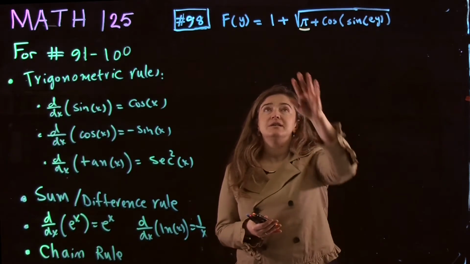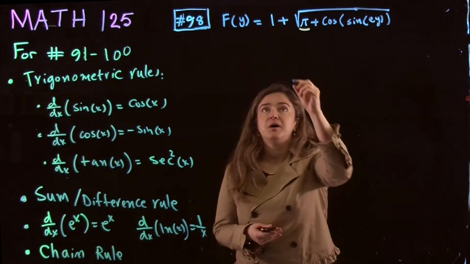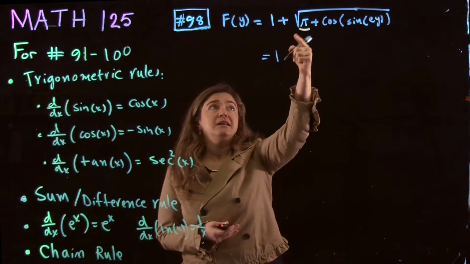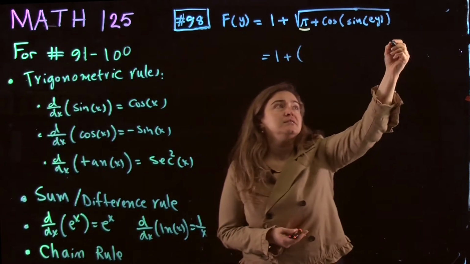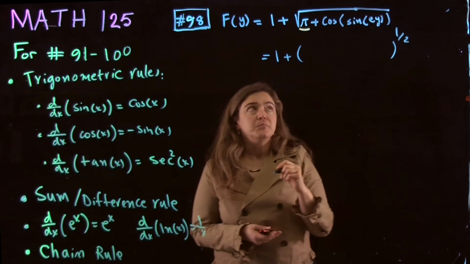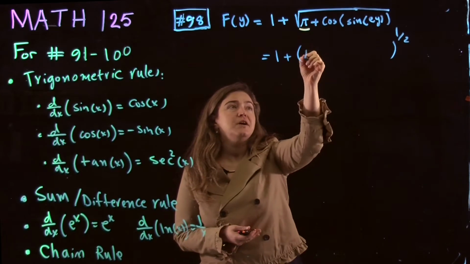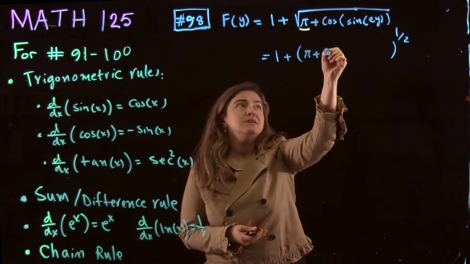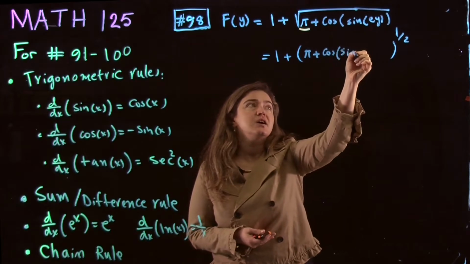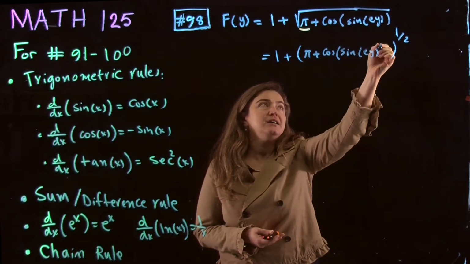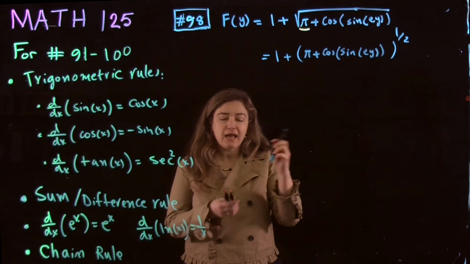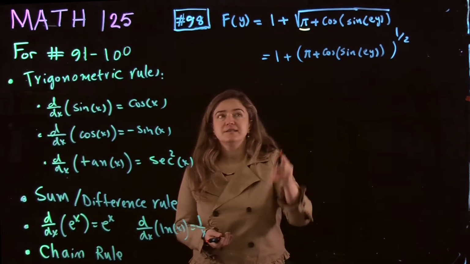Next thing that I want to do is rewrite this entire thing, getting rid of the radical in the form of a power of 1/2. So I rewrite it as pi plus cosine of sine of ey. Now I start taking the derivative of this.